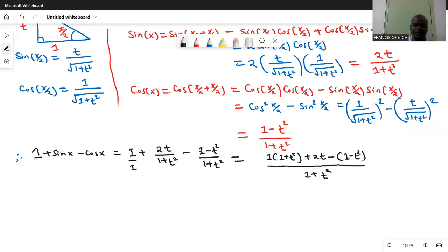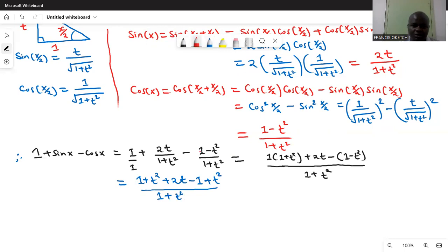And so in the numerator, I can open the bracket so that I get 1 plus t squared plus 2t minus 1 plus t squared, everything over 1 plus t squared.